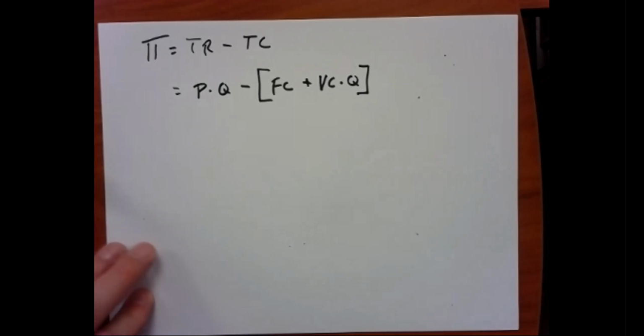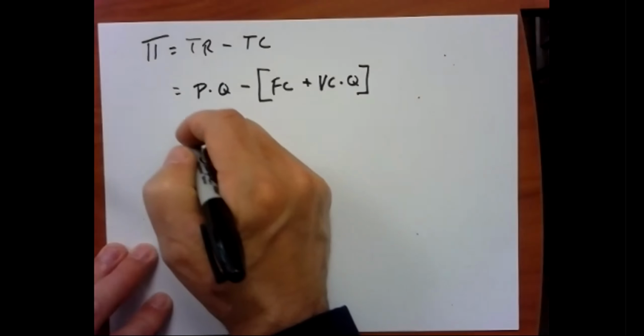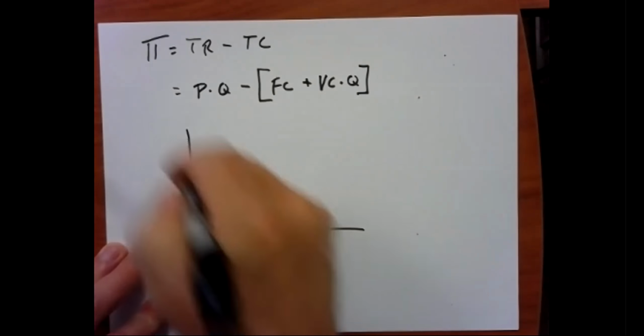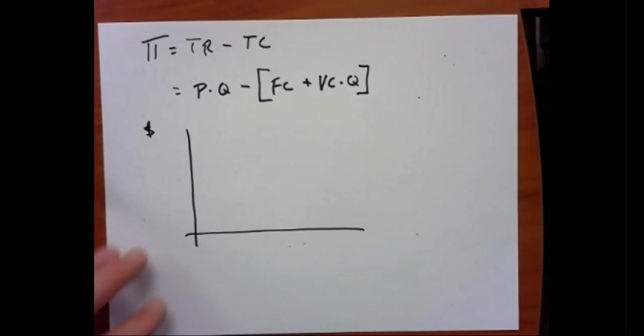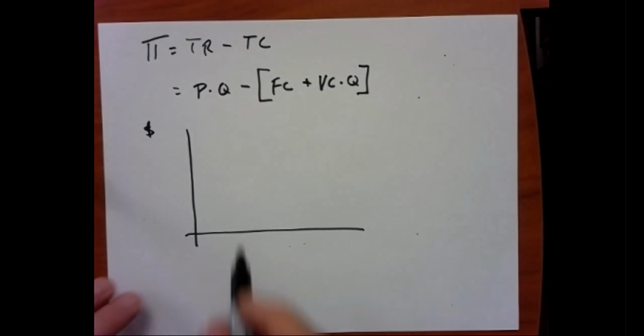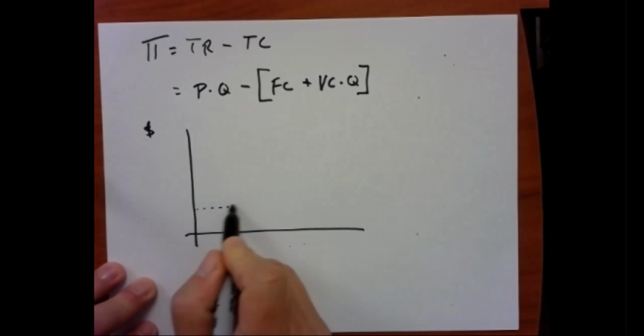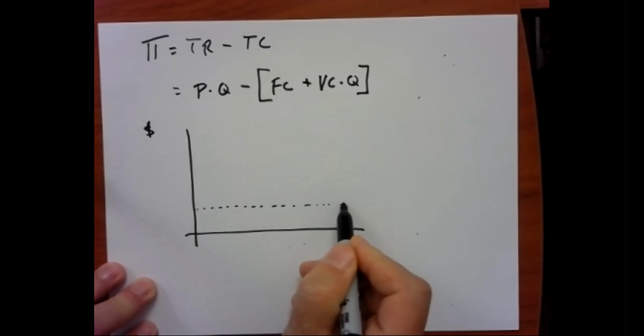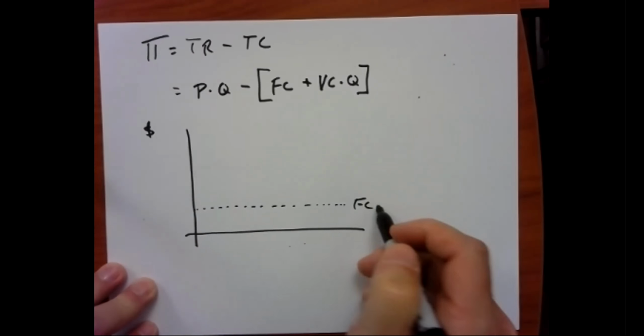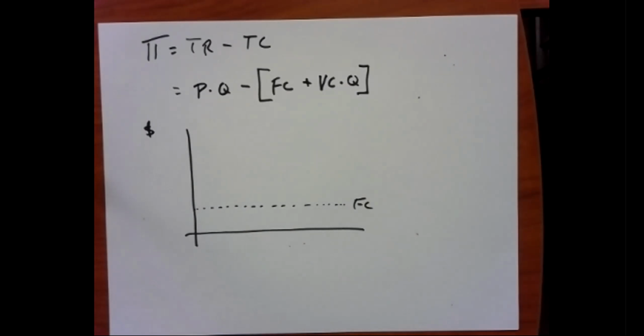So if we were going to represent this on a graph, how do we graph total cost? We're going to start with fixed costs, and that's a horizontal line. I like to draw it as a dotted line because it's kind of not really there.